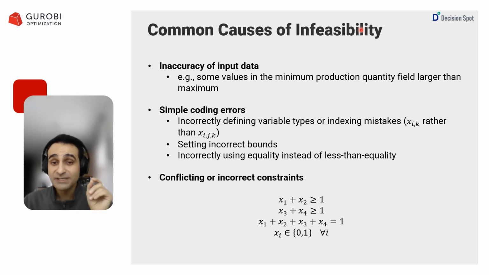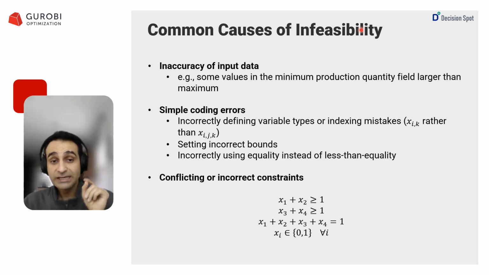But these trivial mistakes happen, and when you're deep into the code, your first instinct may not be to look at the simplest explanation, but rather something complicated. So one thing that I tell you right off the bat, resist that urge. Unless you already have a sense of what can cause infeasibility in your model, start simple and check for simple errors that might have happened in your code and the model.